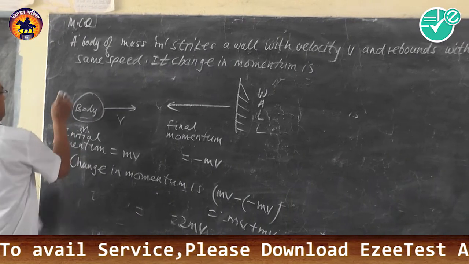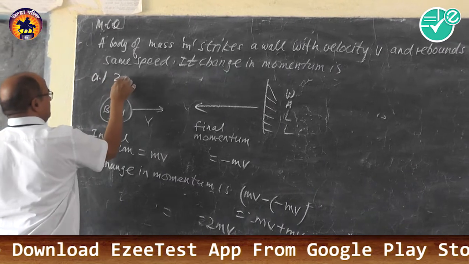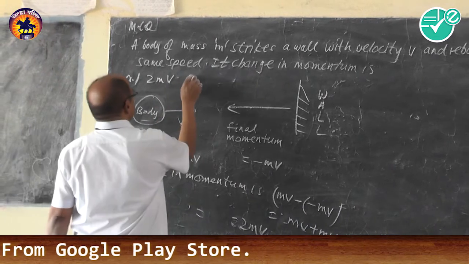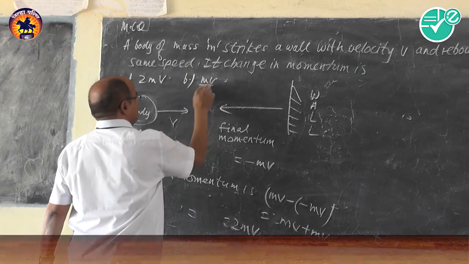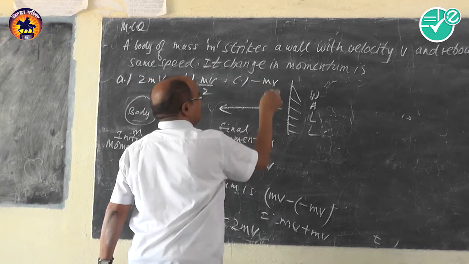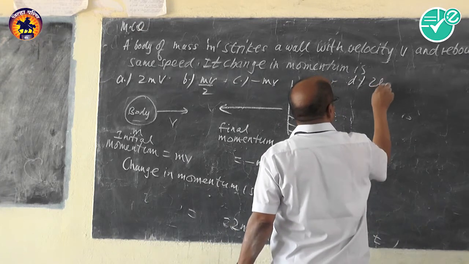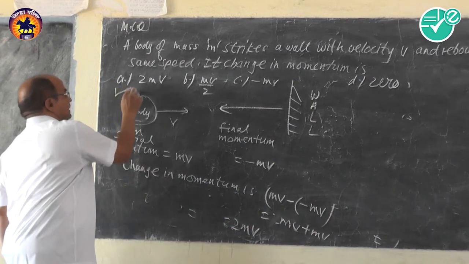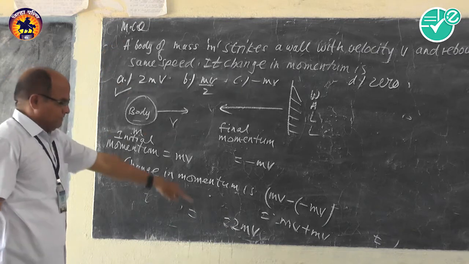The answers are A, 2mv; B, mv by 2; C, minus mv; and D, 0. So the correct option is A: the change in momentum in this case is 2mv.